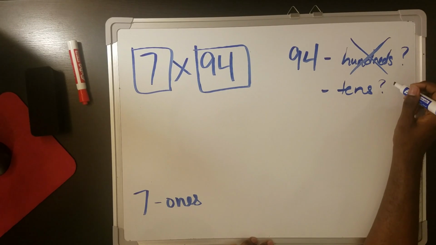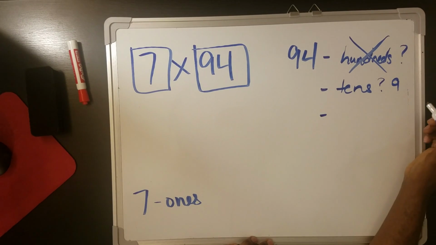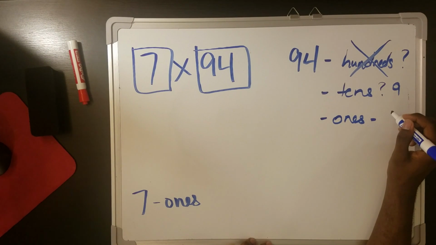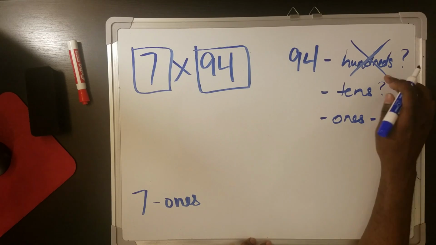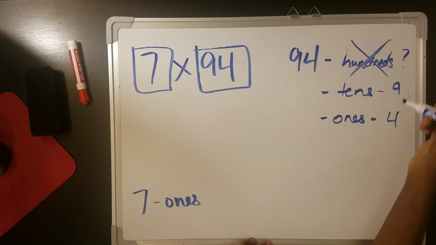Yes. Tens place is going to be the 9. Does it have a ones place? Yes. That is going to be the 4. Perfect. So we identified that 94 has both a tens place and a ones place.